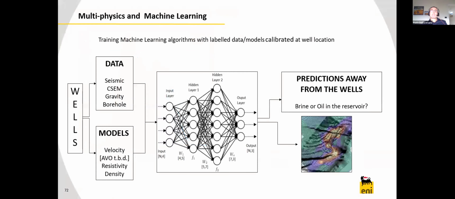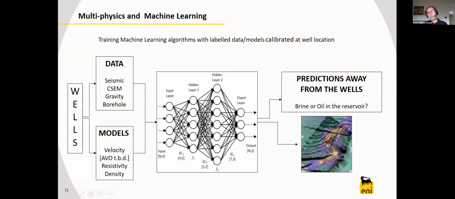And it is exactly what we did. We trained our 6 algorithms simultaneously, including deep neural networks, and we tried to create maps of predicted brine and predicted oil far away from the wells.